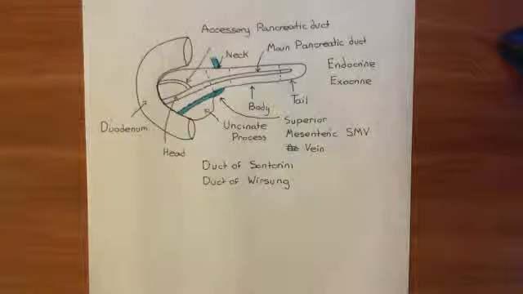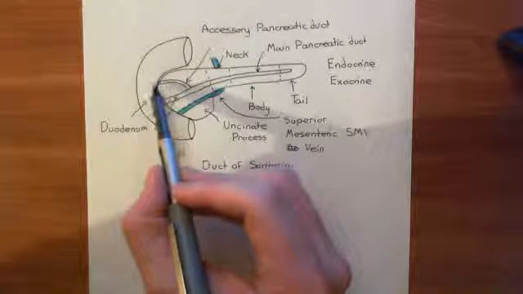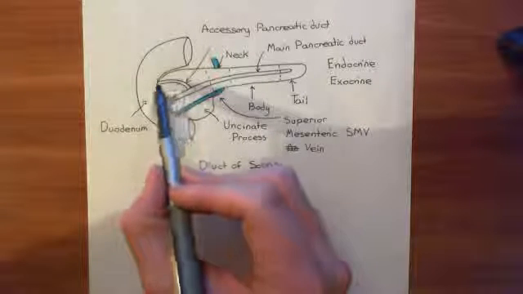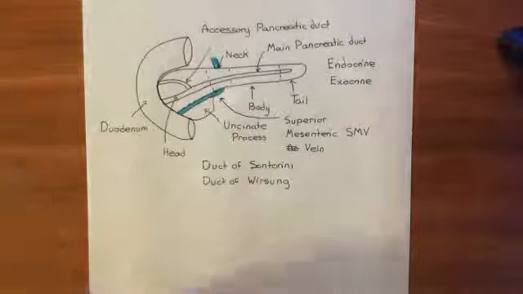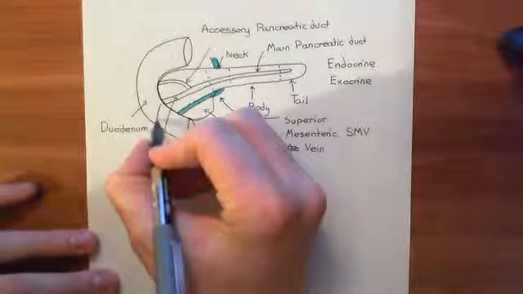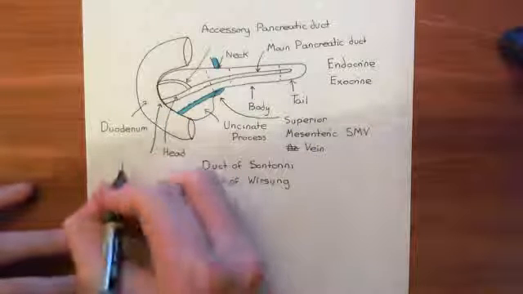Okay, right. A few final little pieces of terminology. The holes that you have in the duodenum, which are the ends of these pancreatic ducts, where they dump out into the lumen of the duodenum, are called papillae. The one which is bigger, which is down here, is known as the major duodenal papilla.